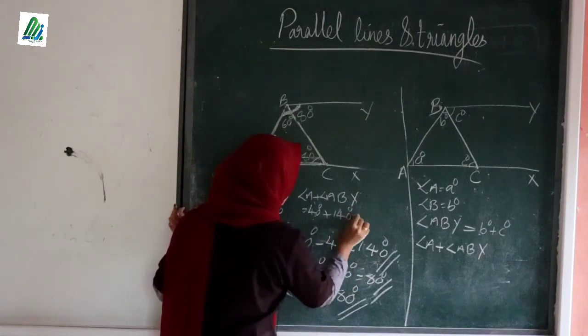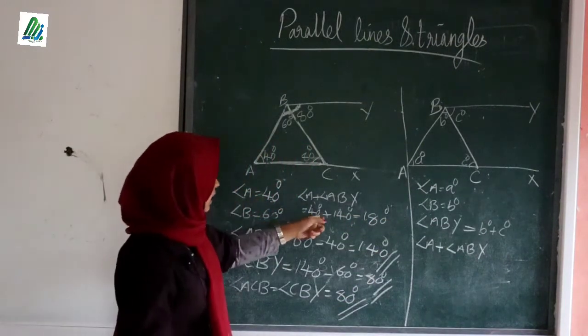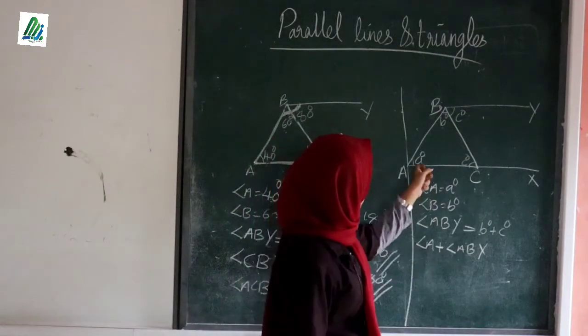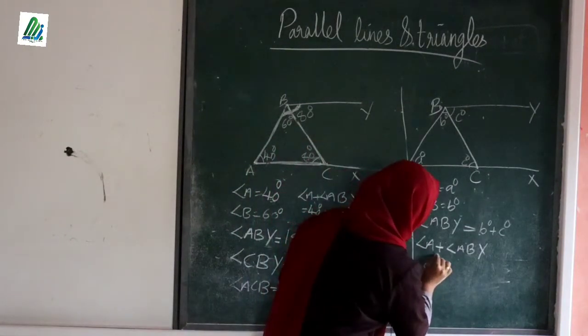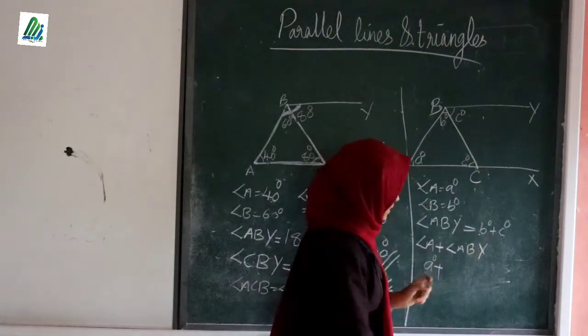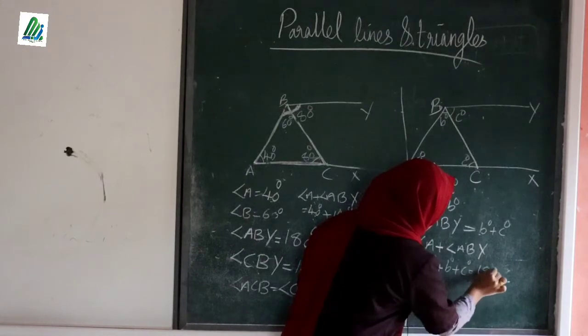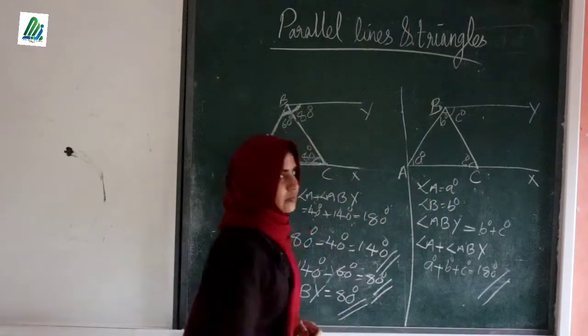We get 180 degree. So like this, angle A is A plus angle ABY is B plus C, which means 180 degree.